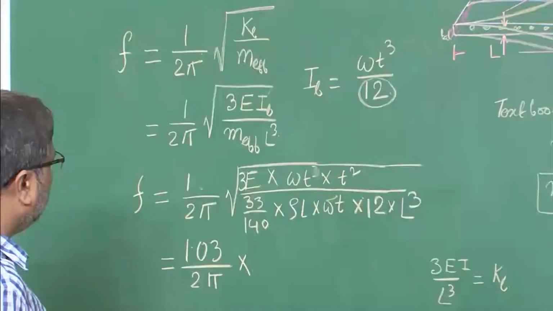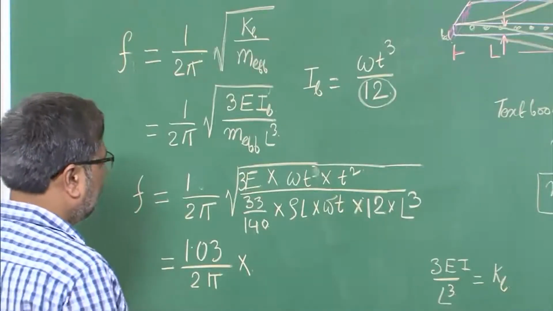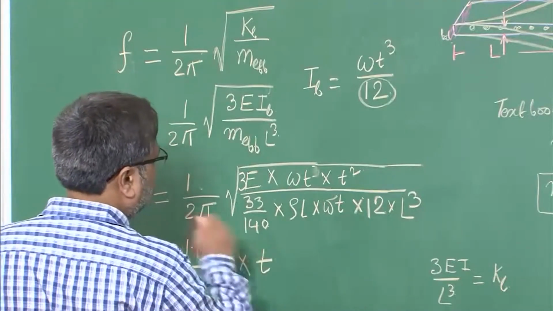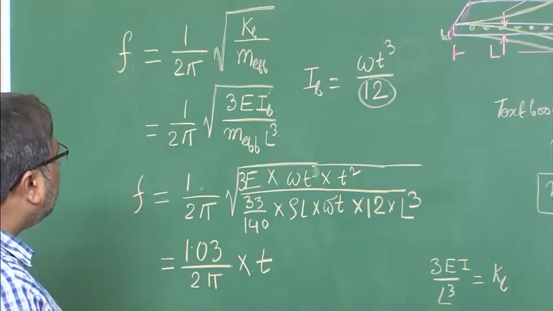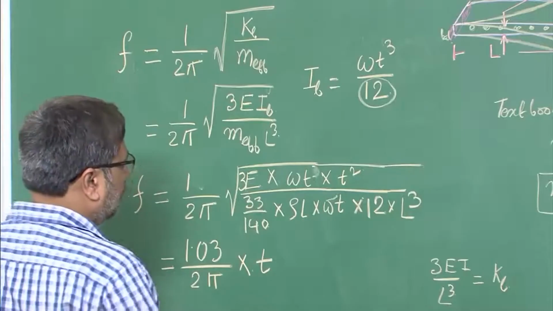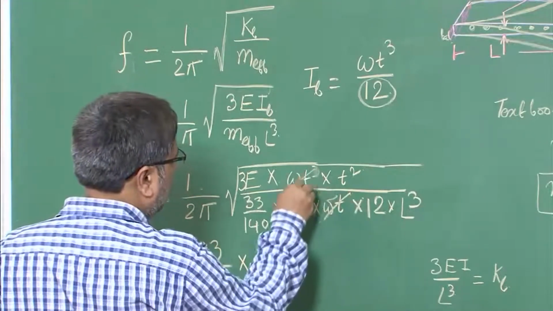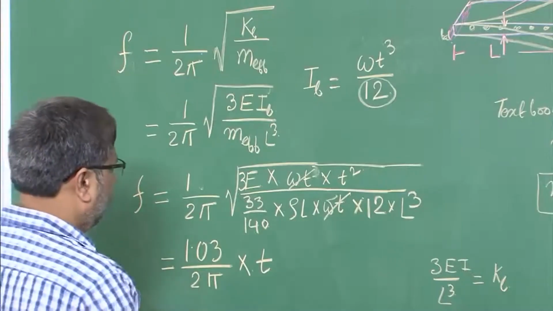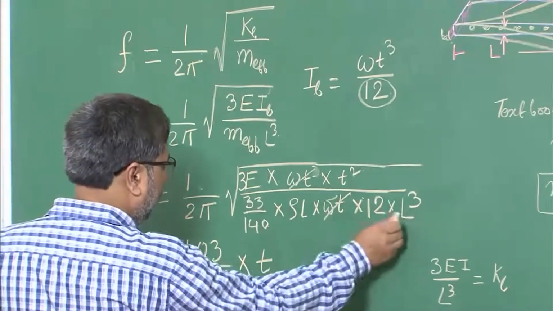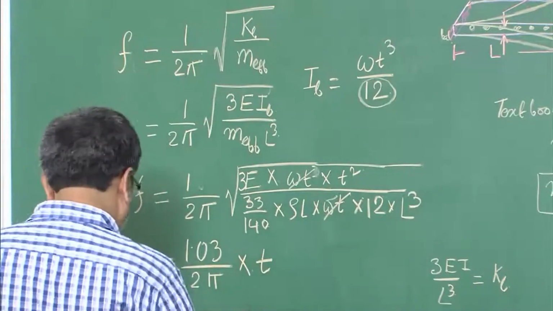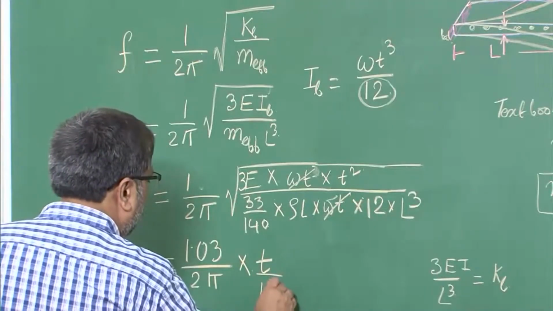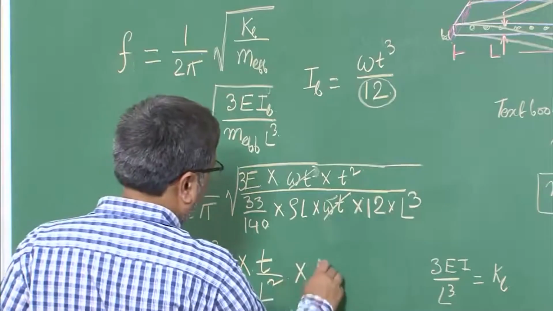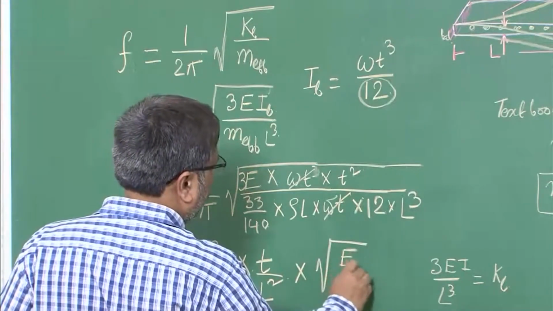If I write like that, then I am actually getting the T out. And the WT, of course, is a free variable, but it cancels in this case. That is also fine with us, and L to the power 4 is there. So we can bring L square here, T over L square, and we do not want to touch them either. And finally, we have square root of E over rho.